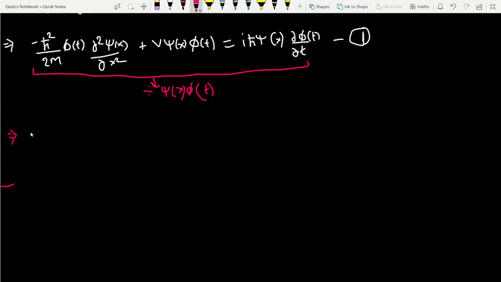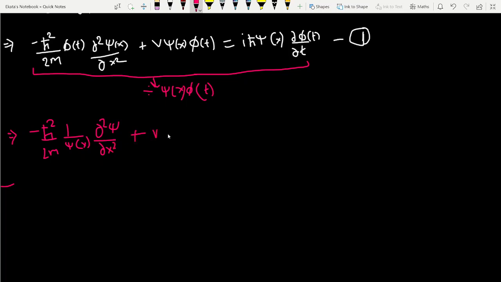So what we can do is write it as minus h cut squared divided by 2m. If we divide here, the phi of t and phi of t will cancel out, and what we are left with is 1 divided by psi of x, times del square psi of x divided by del x squared. I'm not writing x here because you can understand that this is dependent upon x.